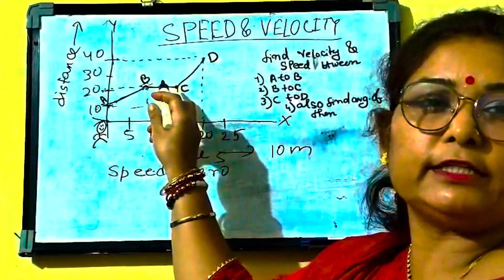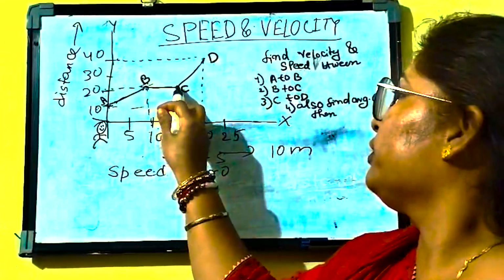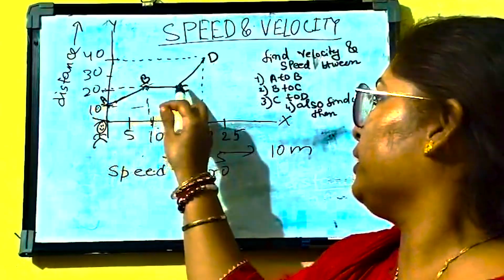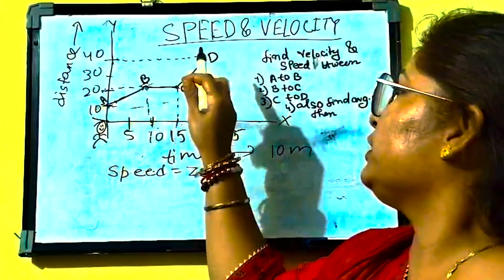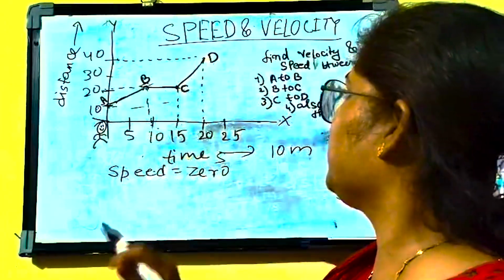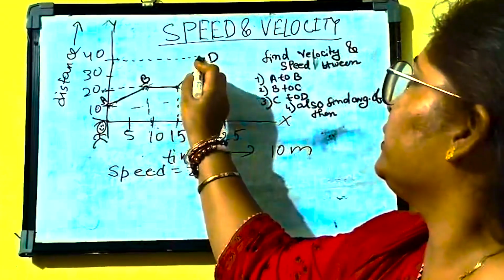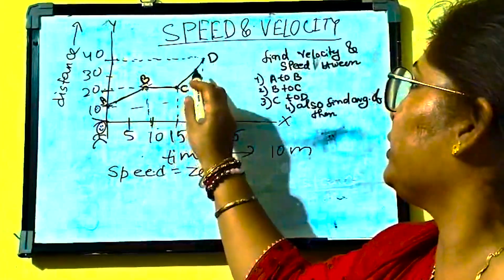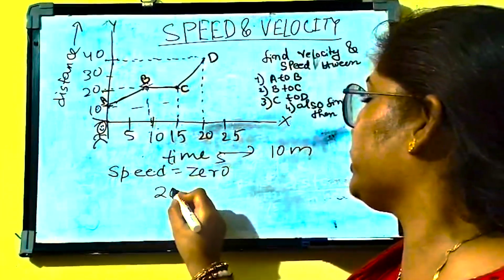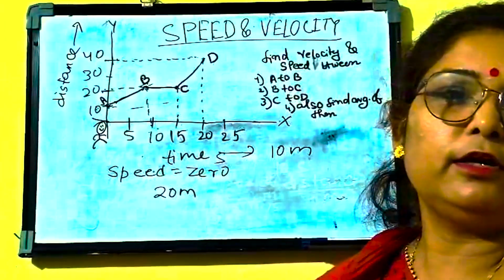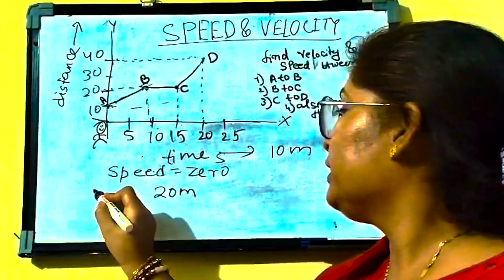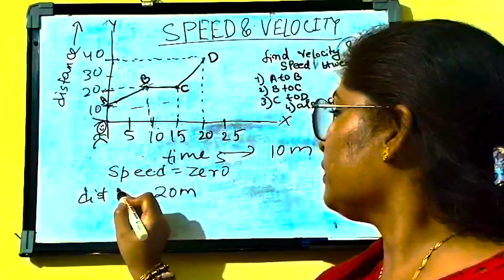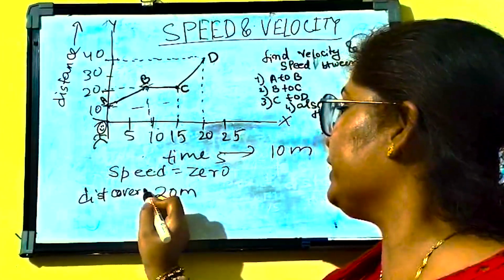Now come to the next. When the object is at position C, C is at 20 meters, and it is reaching position D. So what is the distance between C and D? D is at 40 meters. So from 20 to 40, it covers a distance of 20 meters.